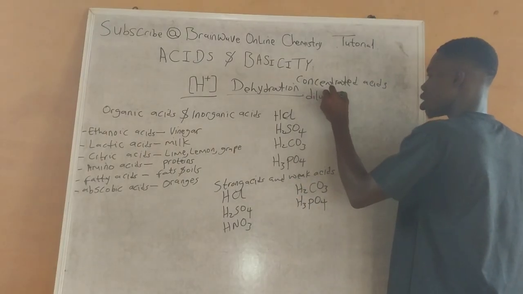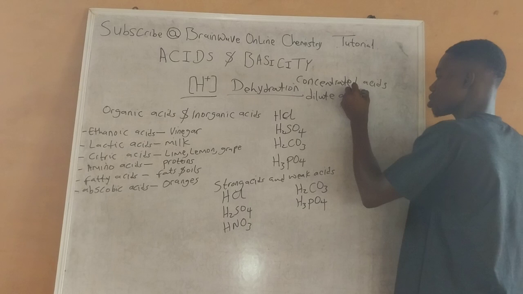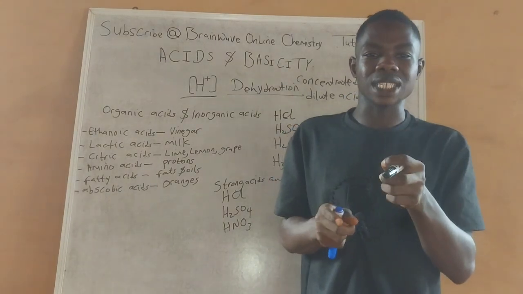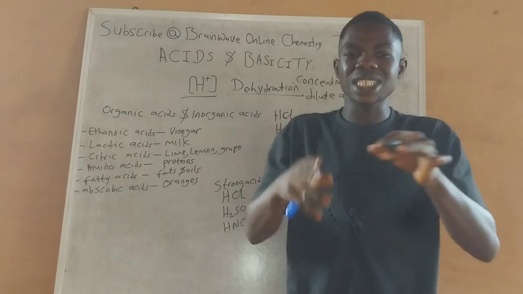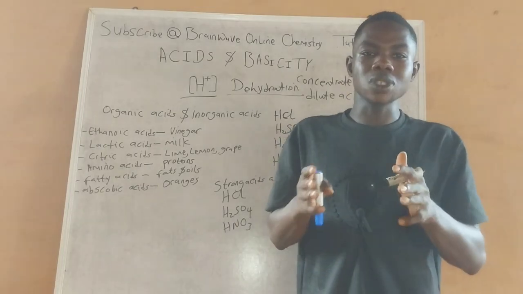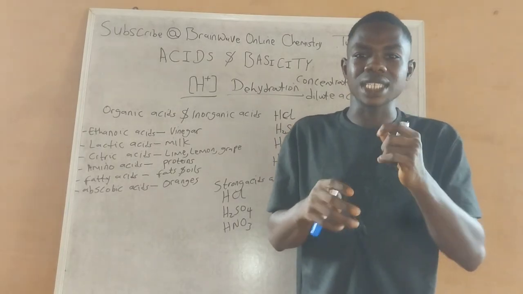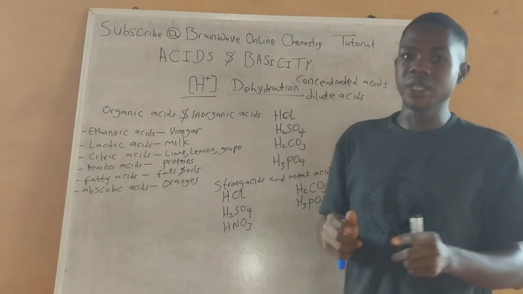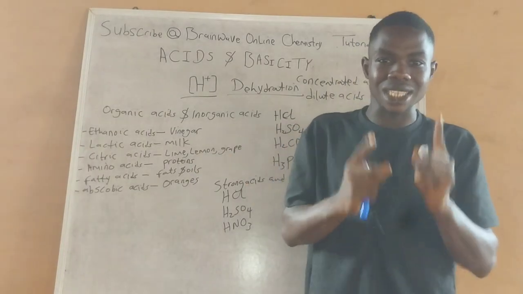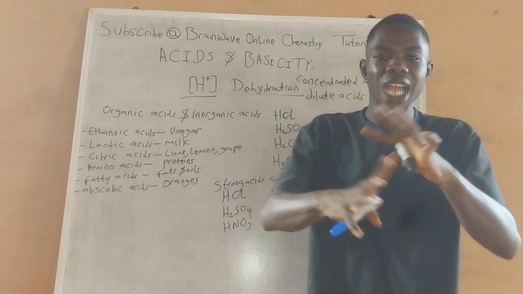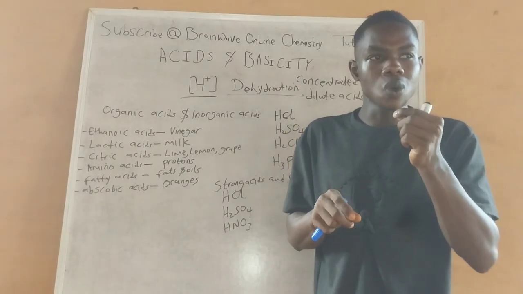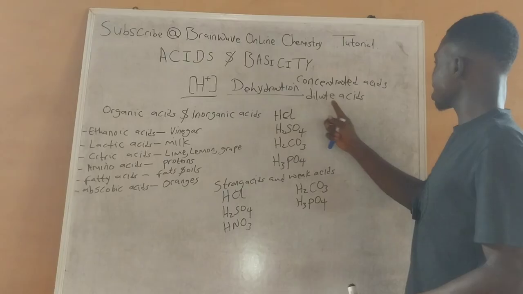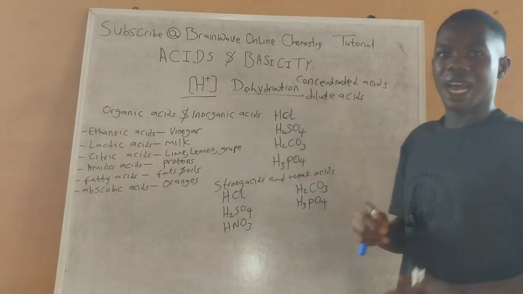Dilute acid is formed when you pour a little amount of acid into a large amount of water. So that's the difference between concentrated acid and dilute acid.